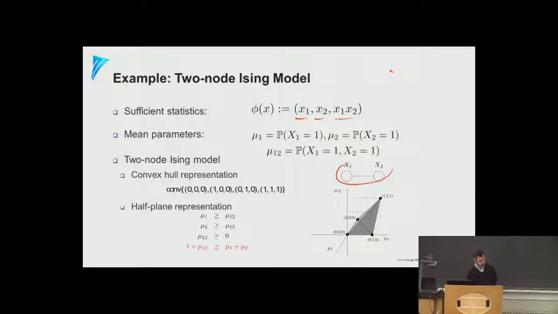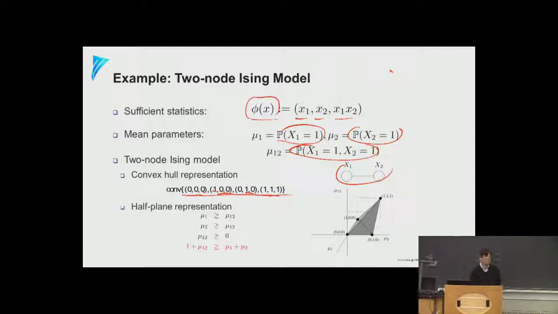Therefore, my corresponding mean parameters are the mean of this, the mean of this, and the mean of this. What does the convex hull mean? Well, I need to define extreme points. These are the 4 extreme points. I just plug in x1 and x2 in all possible value configurations, and that gives me 4 different possible extreme points for this vector.